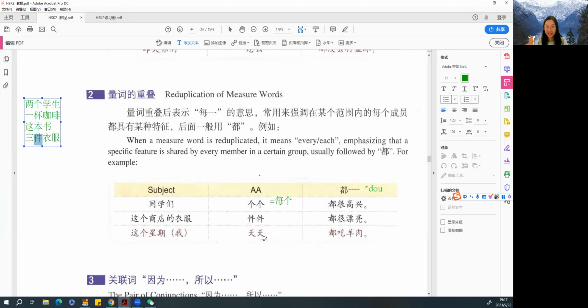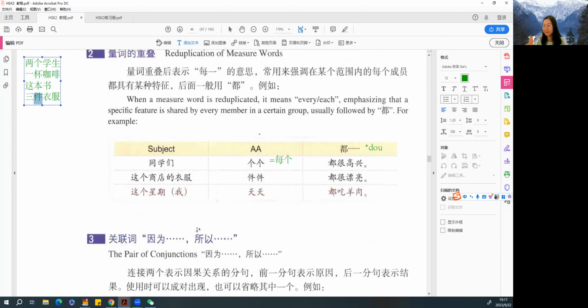So every day I eat the same. So if you want to say every day I eat McDonald's, we are going to say 我天天都吃麦当劳, correct?